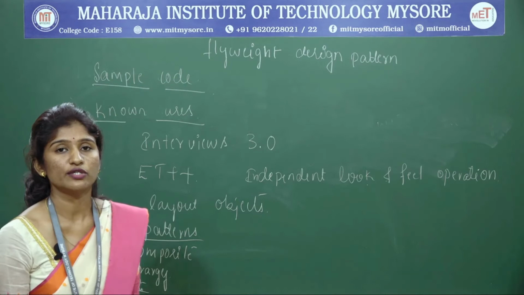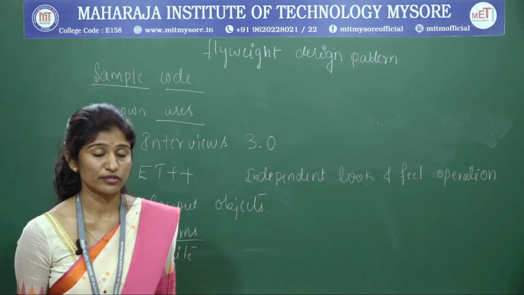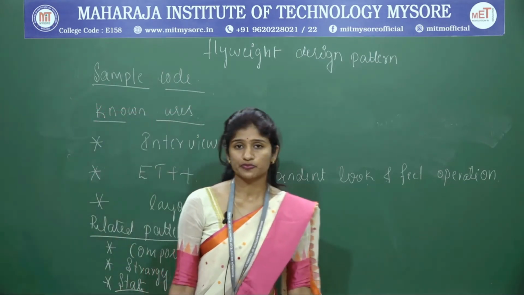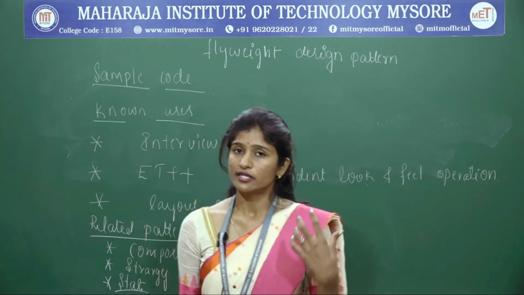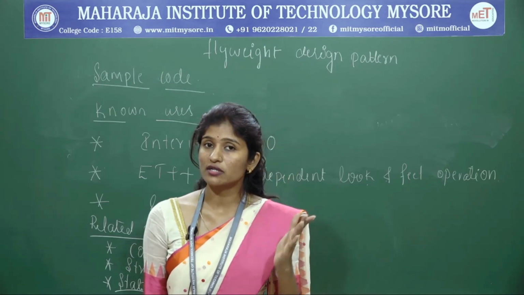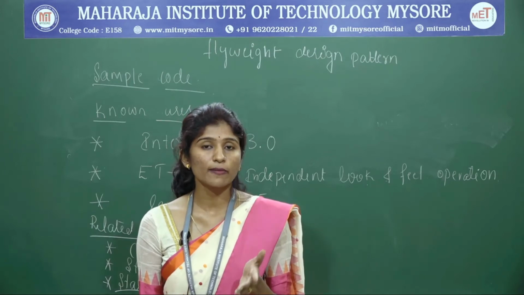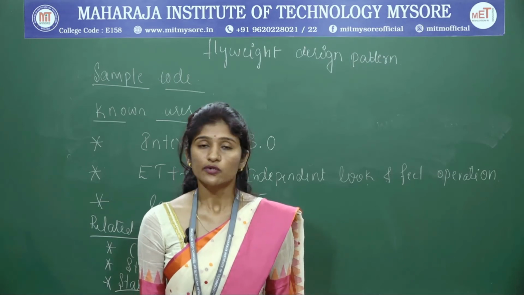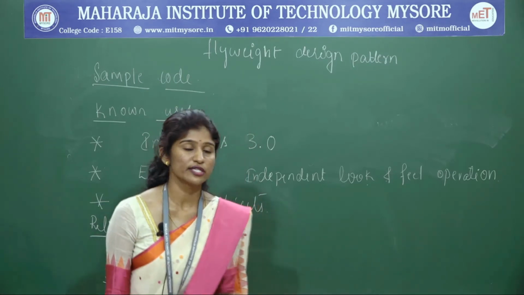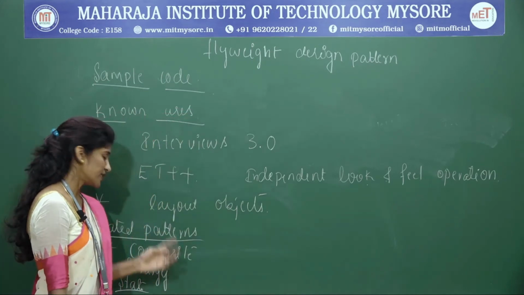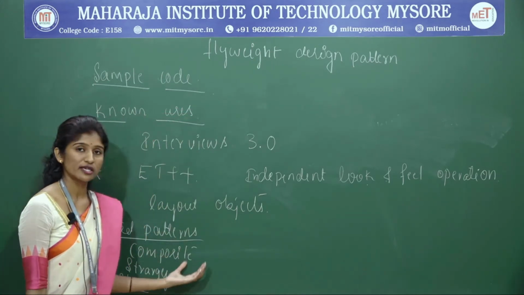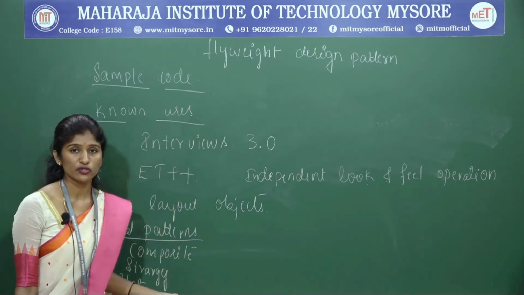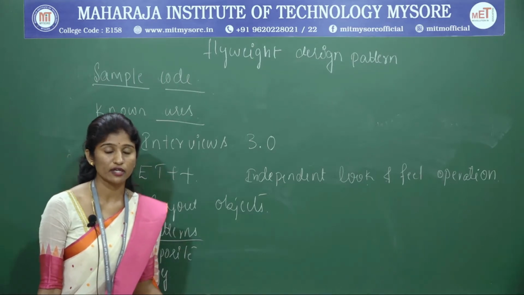Composite you have seen, which contains a group of objects together. Strategy, I have told you, involves complex algorithms: based on the situation or the problem, it uses a particular algorithm, or uses a strategy to choose the algorithm. So those two design patterns, composite and strategy, which are in the syllabus, can be related to the flyweight design pattern, and even state can be used, which tells us the current state of an object.